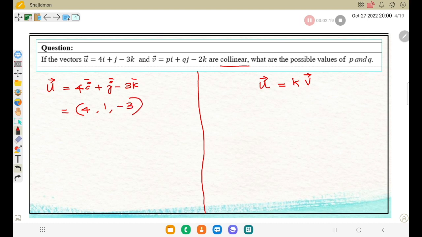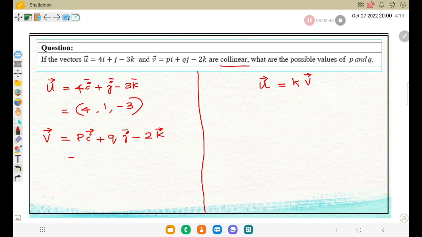This is the component form, or ordered triple, representation of the vector. In the same way, vector v equals p times i plus q times j minus 2 times k, where i, j, k are unit vectors along the x, y and z directions.